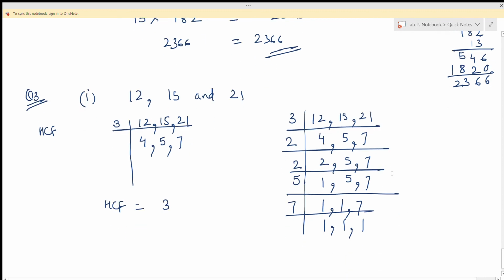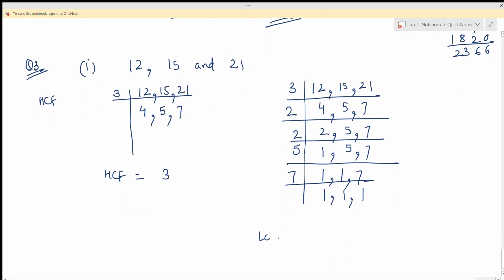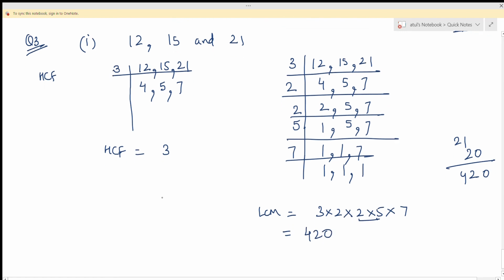So the LCM comes out to be 3 into 2 into 2 into 5 into 7. Whenever you have 2 and 5, multiply that first because it's easier. Then you will get 10. So 10 into 2 is 20, and 20 into 21 you have to do. That's 420. So LCM comes out to be 420 and HCF is 3.